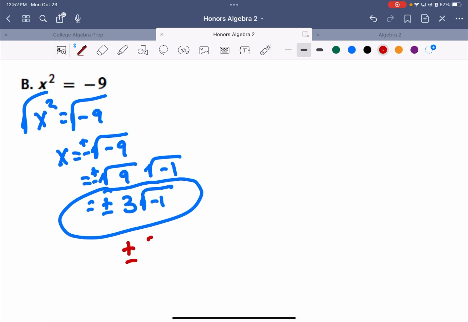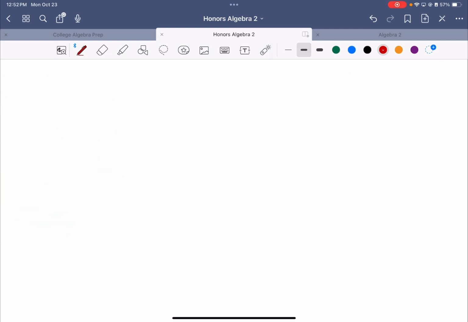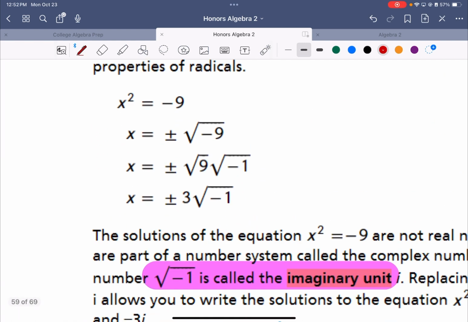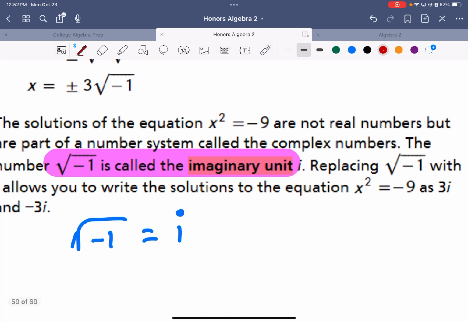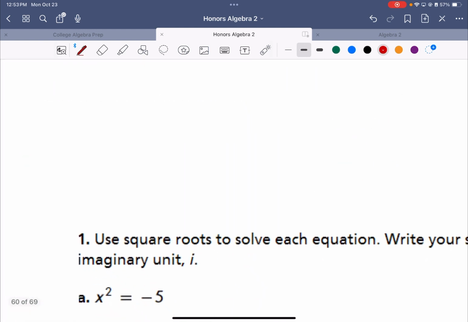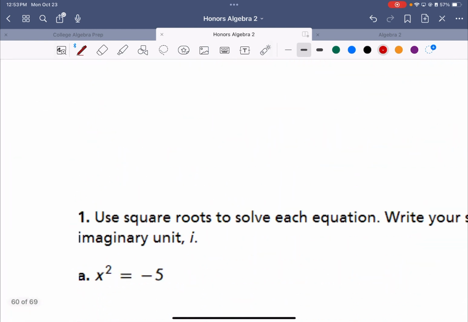So the solution to this becomes plus or minus 3i, where 3 is a real number and i is our imaginary unit. Now you can forever take care of taking the square root of negative numbers. Okay. So with that being said, once we've already done that, then we replace things with what are called, well, guess that's in a second.